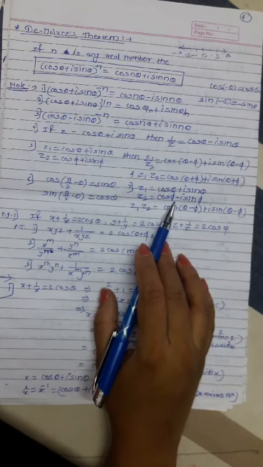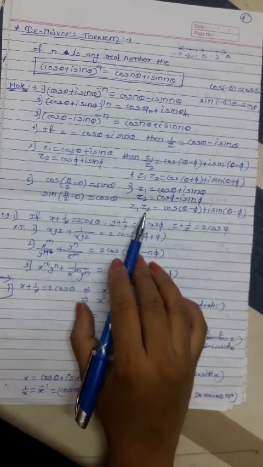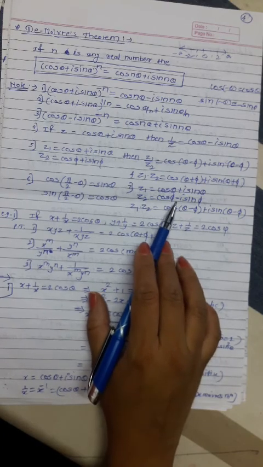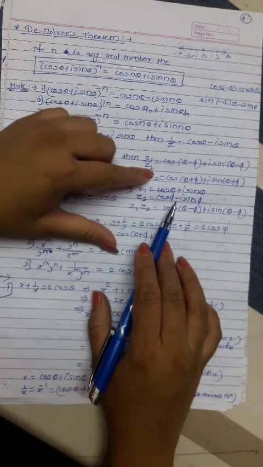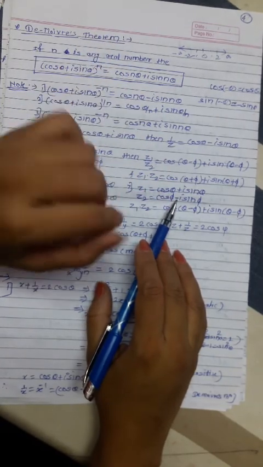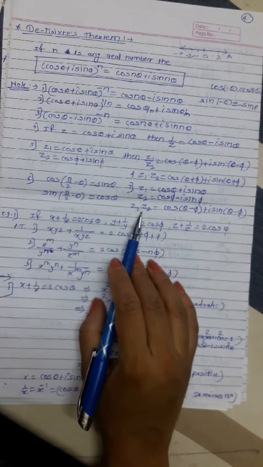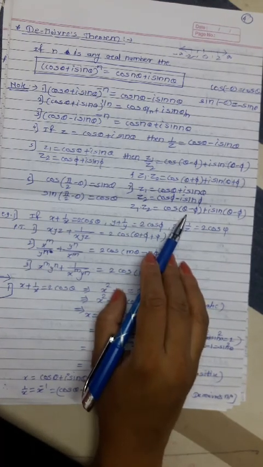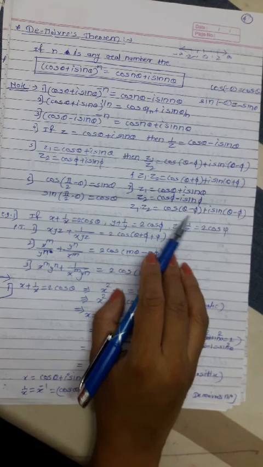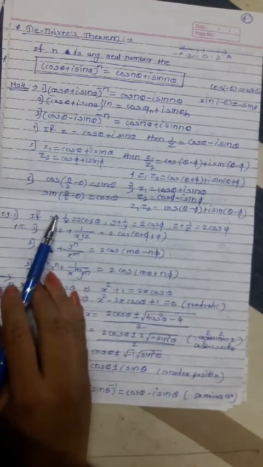One is plus, the other is minus, then z1 into z2 is obviously cos of theta minus phi, with the middle sign the same. If one of the complex numbers has middle sign minus, then in multiplication subtract the angles. Okay, now consider the example.